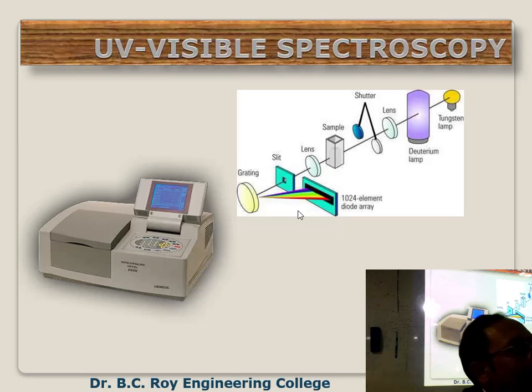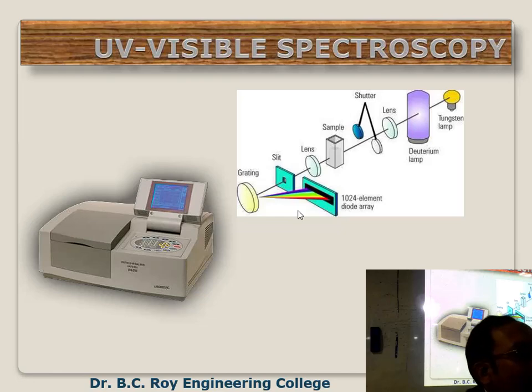Then how much of what is happening, that you analyze. That is called spectroscopy. Very simple idea. Take some matter, pass light through it, do the analysis of the light. Then you can get the idea about the matter. Now, if you pass ultraviolet light, you get UV spectra. If you pass IR light, you get IR spectra.